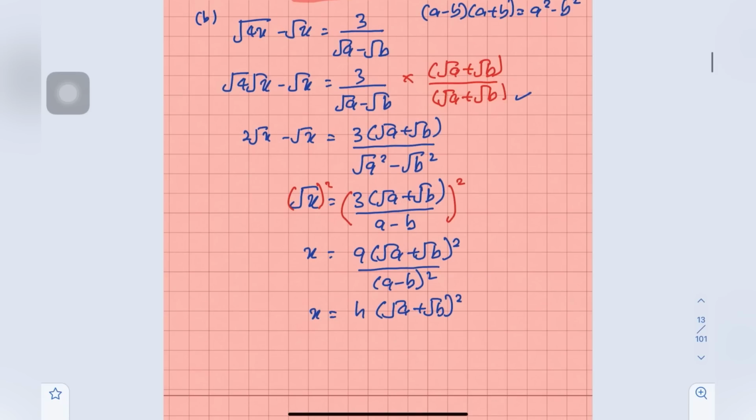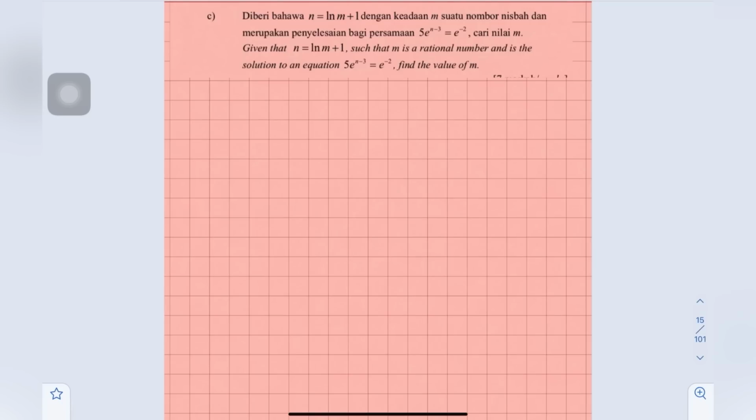Okay, to find h, we compare this one. So h equals 9 over, 9 is like the a, so it equals 9 over (a minus b) squared.